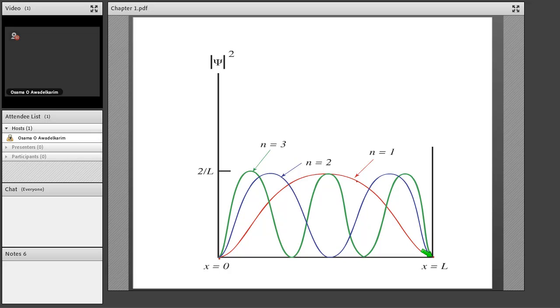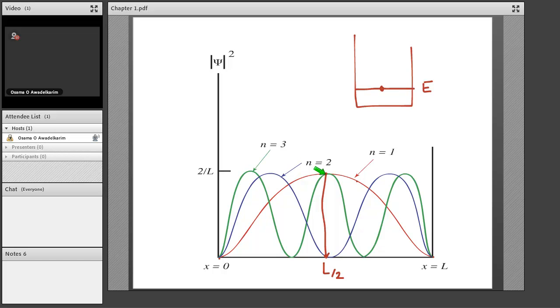But look, the probability of finding the particle in the middle, at L over 2, is the highest. So most likely in the state E1 the particle would be in the middle.